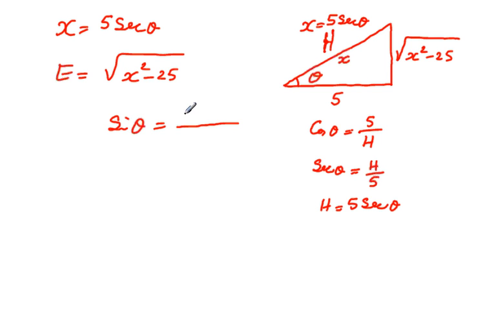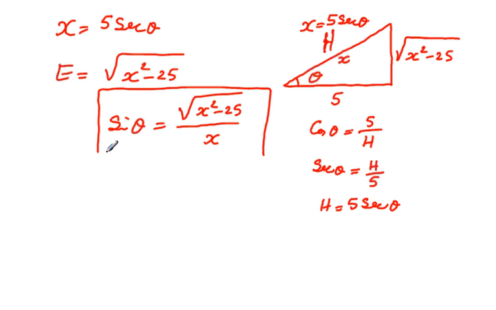Who is my opposite? Who is my hypotenuse? Yeah, we don't want to mix and match. We want all thetas one side, all x's the other side. So it's just x, because x were substituted by 5 secant theta. So this way, things are perhaps less of a guesswork.